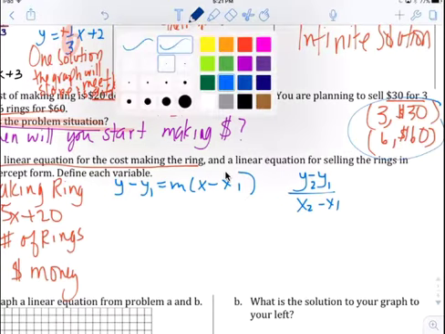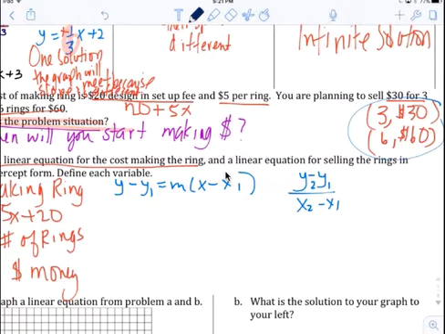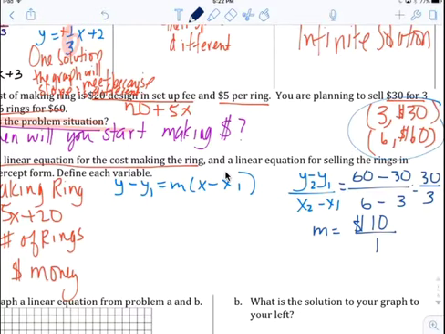I'm just tired, guys. It's too much. 60 minus 30 over 6 minus 3. So you get 30 over 3. So your rate of change is $10 for every one ring.